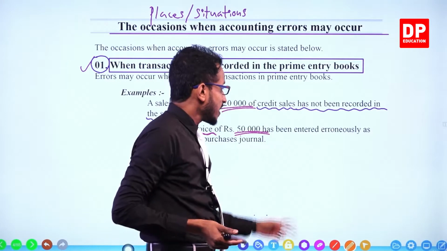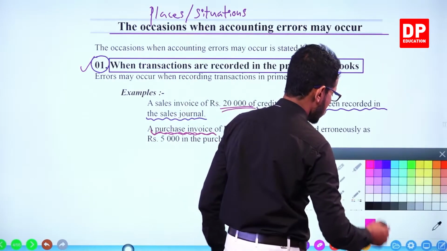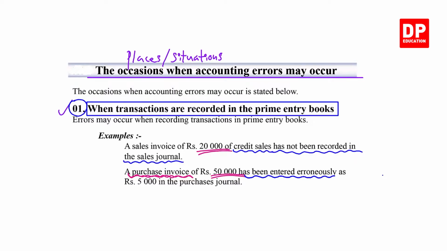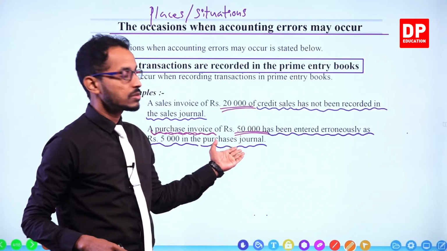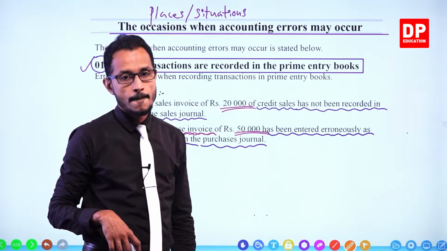What is the error? It has been entered erroneously, meaning in error, as 5,000 in the purchases journal. See, these are the errors which can occur in prime entry books.